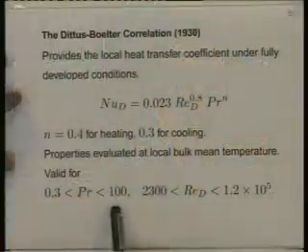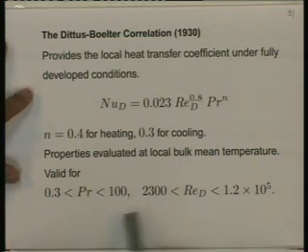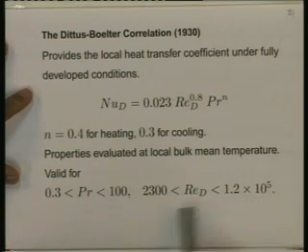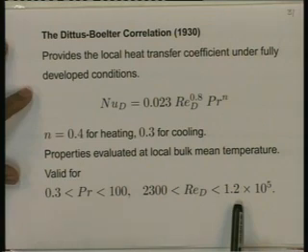Prandtl number going from 0.3 right up to 100. So, water is included, air is included and some not very high viscosity oils are also included. And Reynolds number in the turbulent zone from 2300 to something like 120,000.